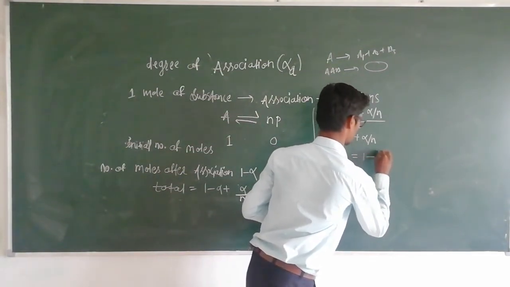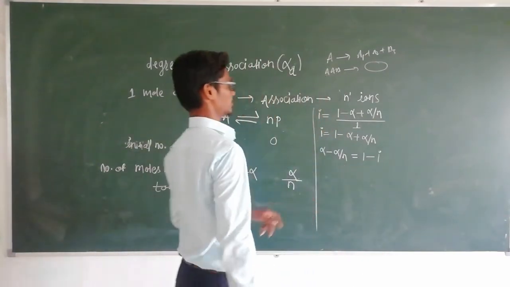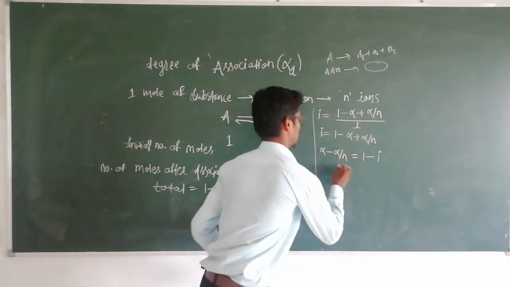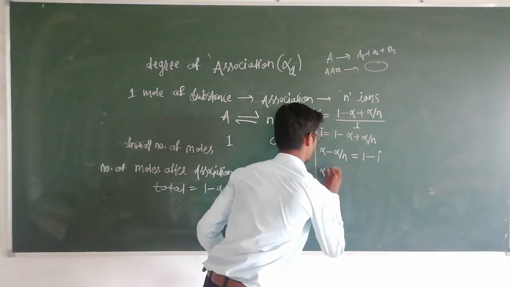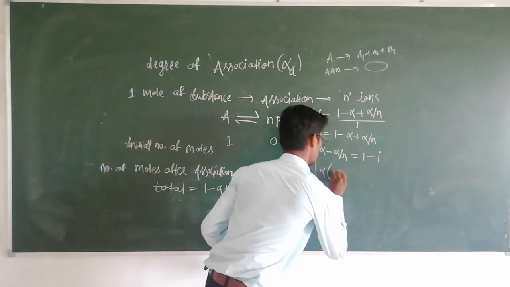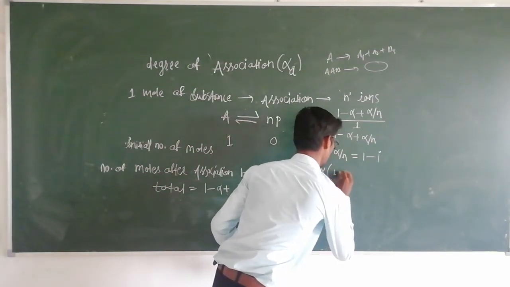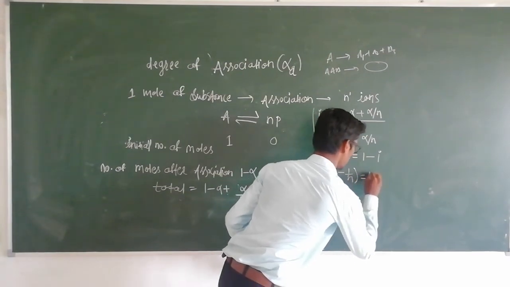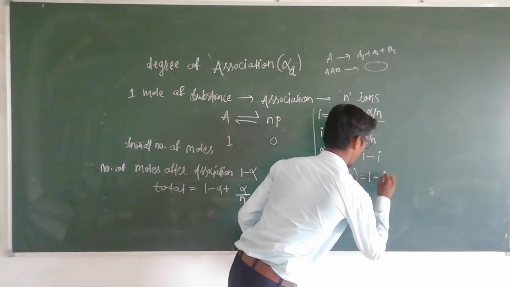From here we take alpha as common. The remaining is 1 minus 1 divided by n, equal to 1 minus i.